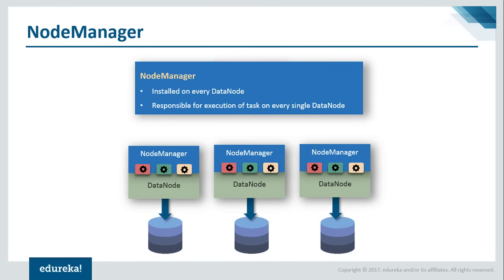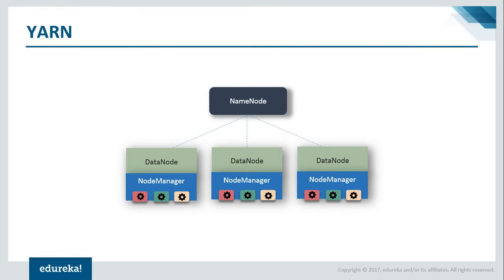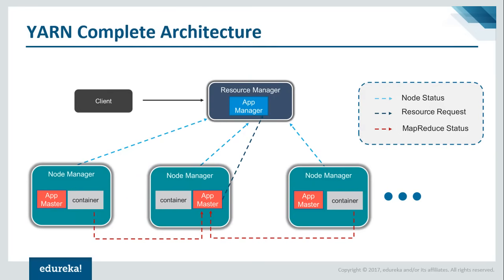And node manager is what is responsible for execution of tasks on every single data node. So this is the master-slave architecture. So this is the complete architecture. There are different other components also involved with Yarn, so let us understand it better with a workflow.